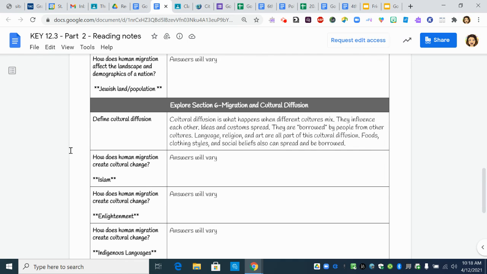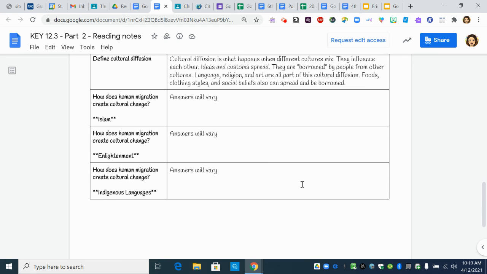So how did human migration create cultural change in the world of Islam? And we know that Muslims traveled and shared their cultural beliefs and their religion. Therefore, there's millions of Muslims in the world today. In the Age of Enlightenment, people like scientists, artists, philosophers, they didn't just rely on religious beliefs.